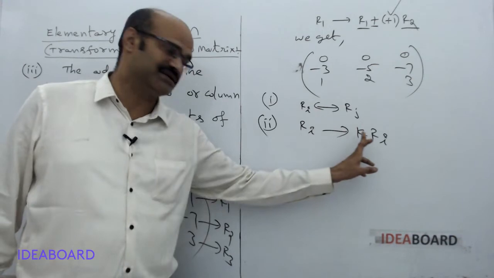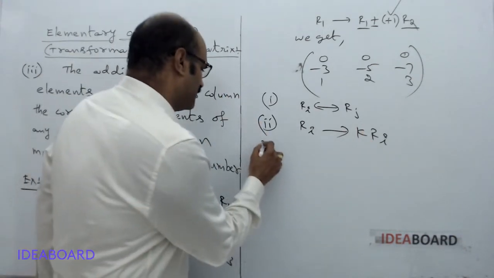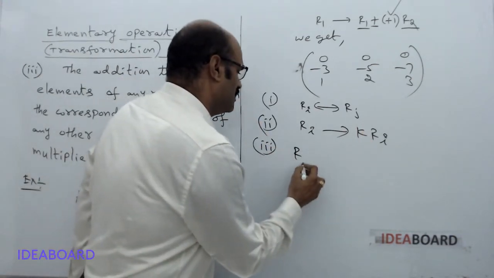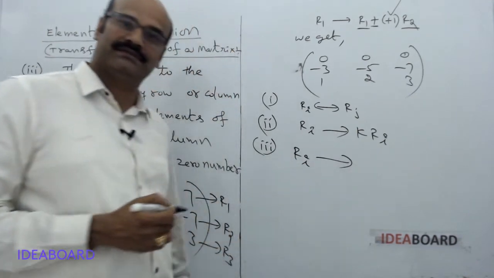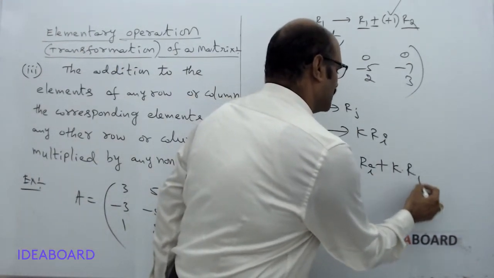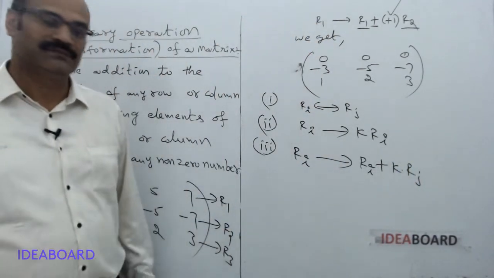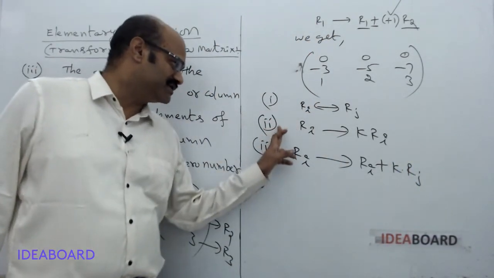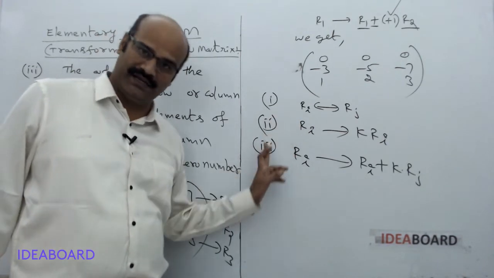Now the third operation is Ri implies Ri plus k into Rj. So these are the three operations we have symbolically.